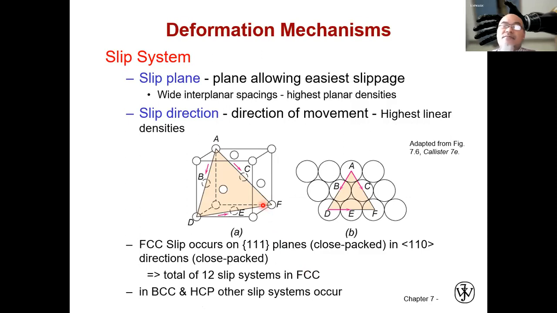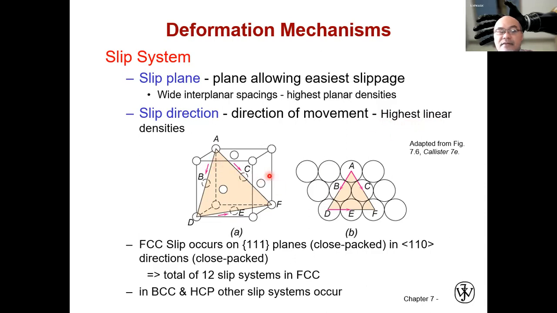Now, what is the mechanism for deformation to occur? As I have mentioned many times, it is due to the slip system. We have the slip plane, the plane that allows the easiest slippage. Usually it has wide interplanar spacing and the highest planar density. The direction of the motion, the slip direction, is the direction with the highest linear density.